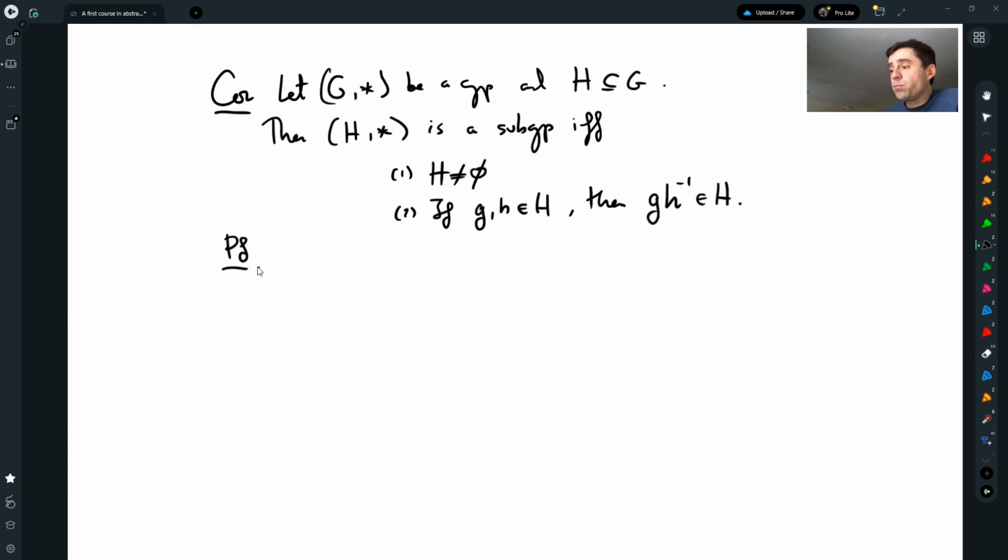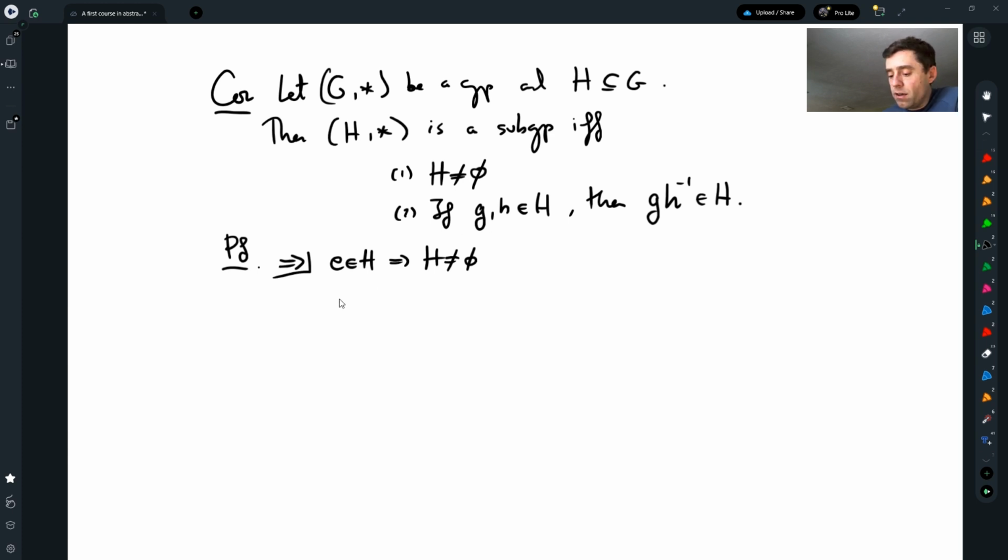Well, let's prove it. It is an if and only if. So let's go in this direction first. Suppose that H is a subgroup. Then we know, first of all, that e is in H. So H is non-empty, and that proves one.